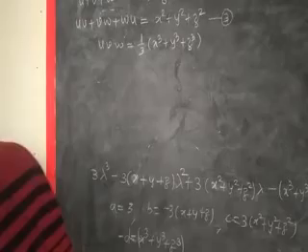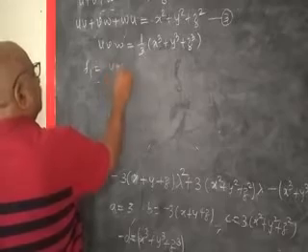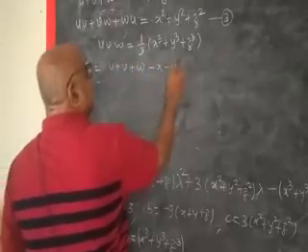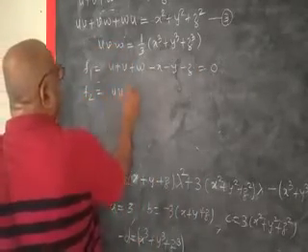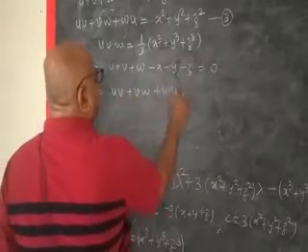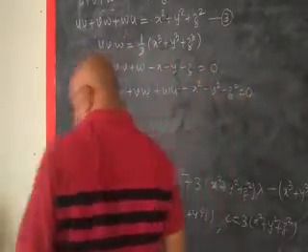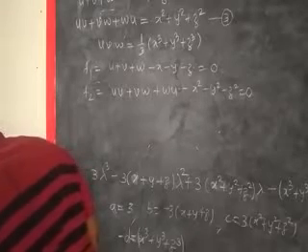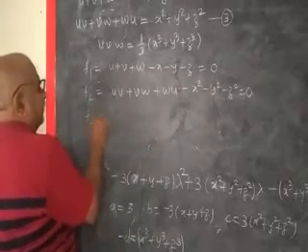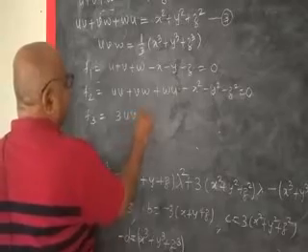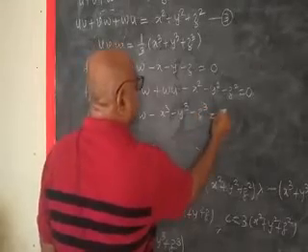We can write these equations in implicit form. We will call this f1 equal to u plus v plus w minus x minus y minus z equal to 0. f2 equal to uv plus vw plus wu minus x squared minus y squared minus z squared equal to 0, and f3 equal to 3uvw minus x cubed minus y cubed minus z cubed equal to 0.